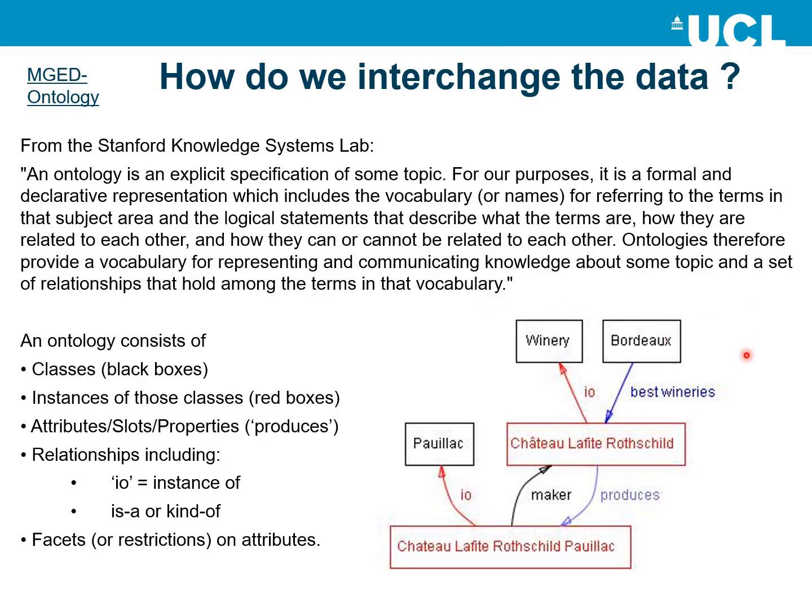And usually they seem to always focus on wine as an example, but you can see here this is an example ontology about wine, and we've got classes, which are the black boxes. So winery is a class, Bordeaux is a class, Pollack is a class, and we've got instances of those classes, red boxes.